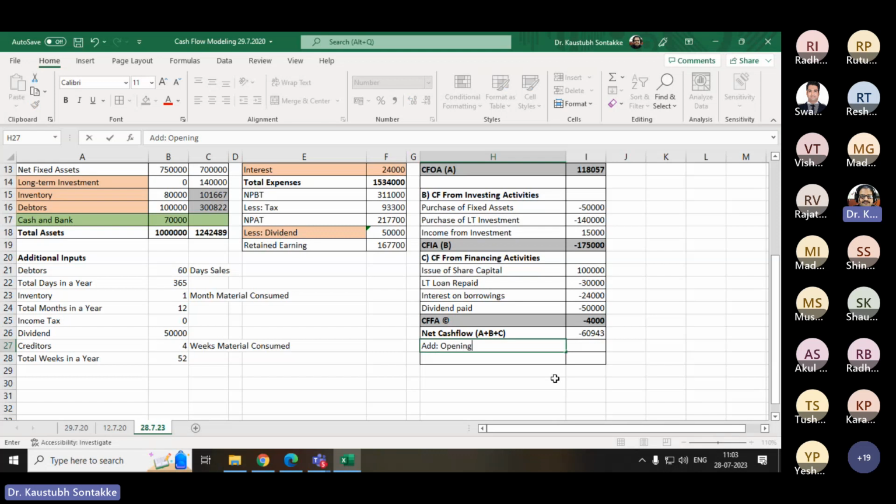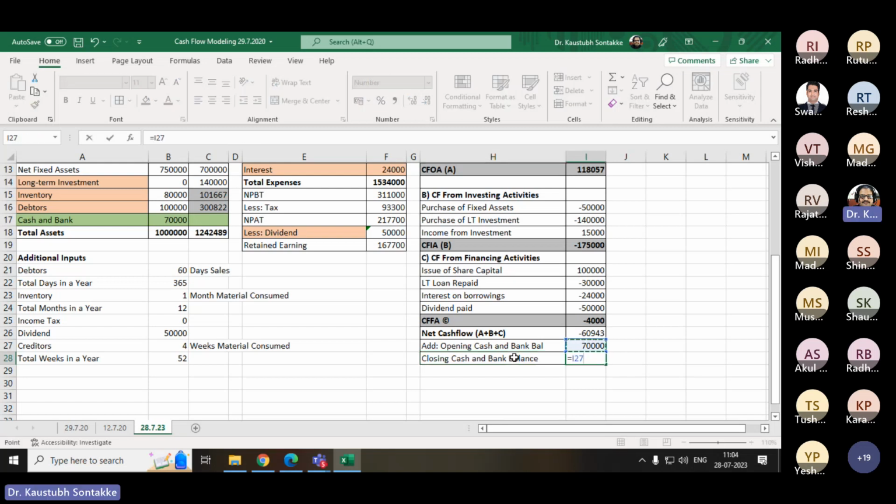Add opening cash and bank balance. Where will you get opening cash and bank balance? You will get it from the balance sheet of 2016. So you will press is equal to, take 70,000, enter. That will give you closing cash and bank balance.